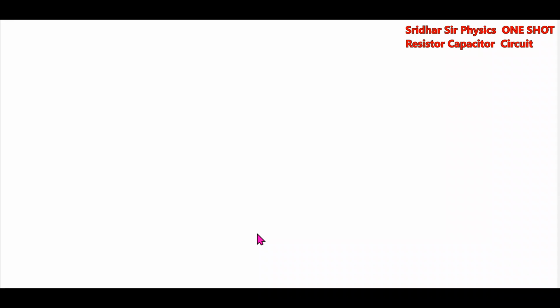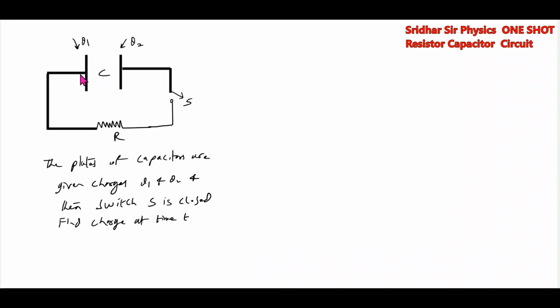Next, one more condition. I have a capacitor, the plates of the capacitor are given charges Q1 and Q2, and the switch is closed. We have to calculate the charge in the capacitor at any time t. So when you close this switch, after some time, how much charge will be there? The initial at t equals 0 we will discuss first.